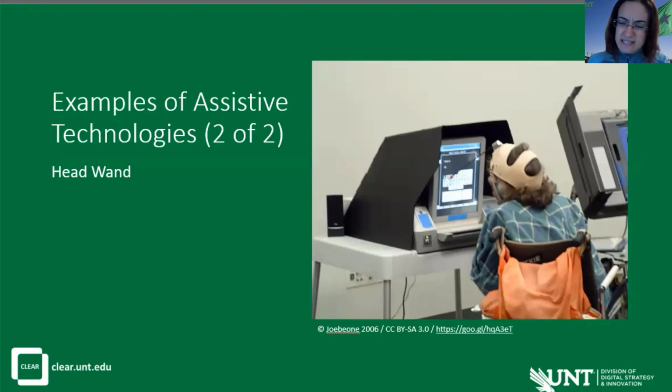I don't know if you can see it, and it's not a very high-res photo, unfortunately. I was looking for something that was not copyrighted, but this person is interacting using a kind of stick that comes out of the headband to press buttons on a touchpad. Some other people use a mouth stick, so they interact using their mouth. Other people use a sip and puff switch.